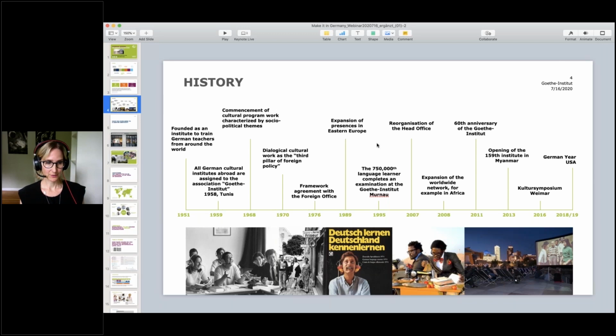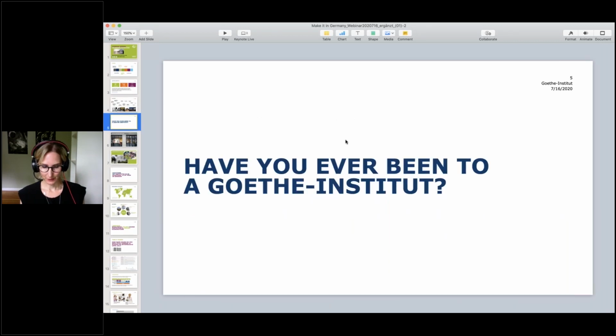The Goethe-Institut in Tunis was founded in 1958, and the Goethe-Institut New York was founded 45 years ago.